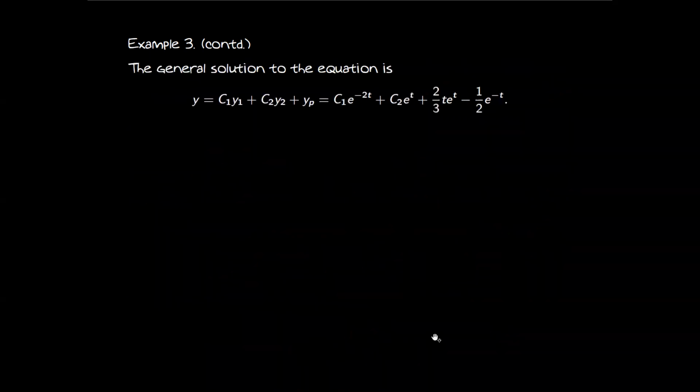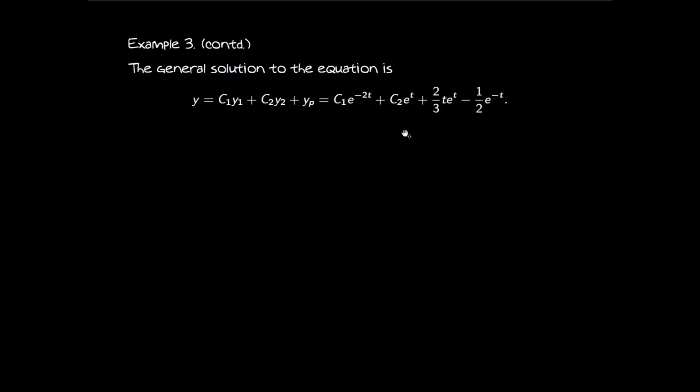Therefore, the general solution to the non-homogeneous case is going to be C1 y1, which is e to the -2t, and C2 y2, which is e to the t, and then the y sub p. Next, we have to use the initial conditions to determine C1 and C2.